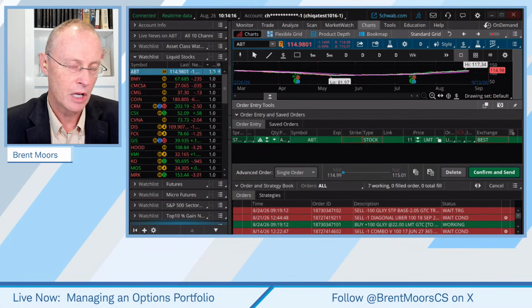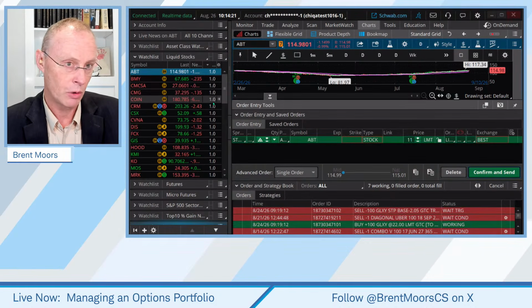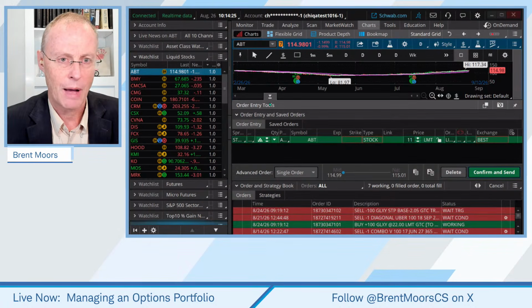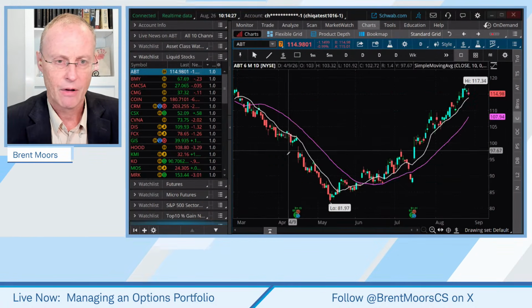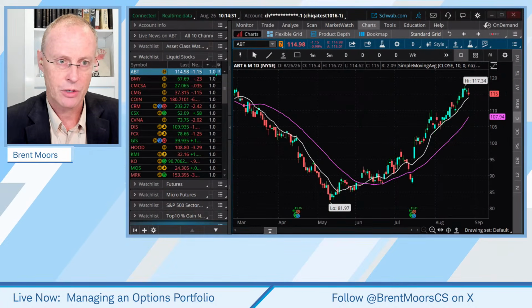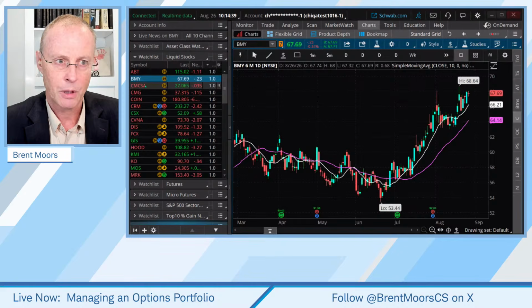I'm sorting it. In this case, this is my bullish sort. You can create a bearish sort. You could just reverse this and look for stocks that are below my 10 and my 30-day moving average, to find a bearish trend. Right now, the market's more or less trending up, so you're going to find more bullish than bearish. But as you go down, you can look for stocks that are appropriate on here.